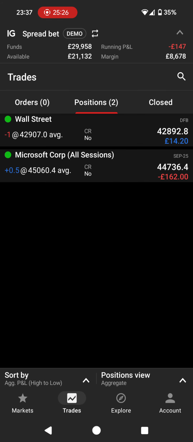£162 in the red. So it's got to make up a lot of ground before I'm actually in profit. It doesn't mean that you shouldn't use this. Of course you should.